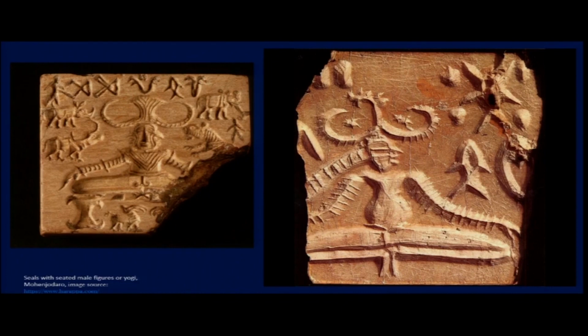And then we also have a suggestion of this horned headdress, but in profile. The image on the left side is frontal, and the image on the right side is in profile.